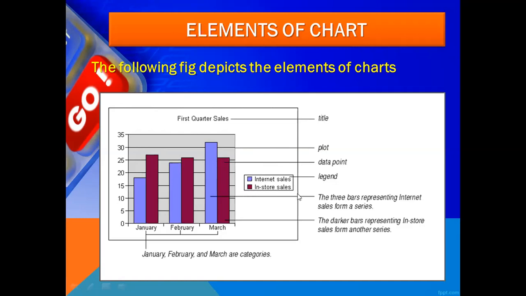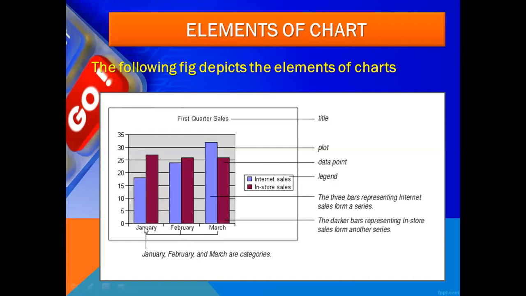Now you can also specify that there are three bars representing internet sales from the series. These are different bars shown here, and three bars in a darker shade representing in-store sales from another series.